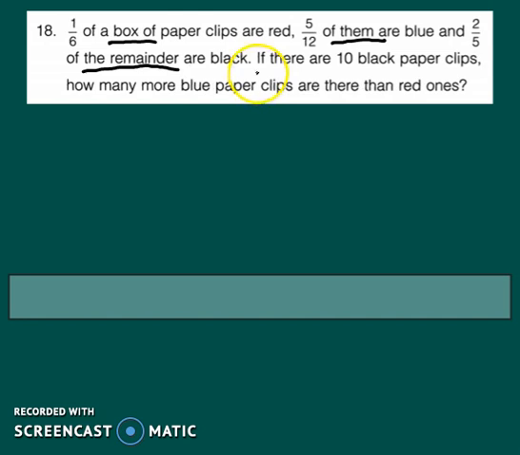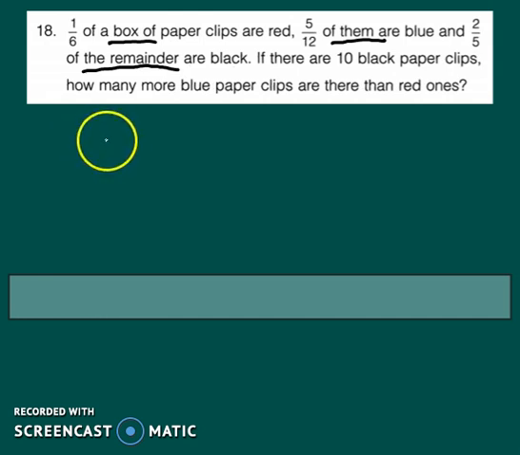So let's pay attention to just the fractions that are referring to the actual box of paper clips first. So what do we know? We know that 1/6 of them are red and 5/12 of them are blue. So how do we compare a sixth and 12ths? Well, we need to find a common denominator.